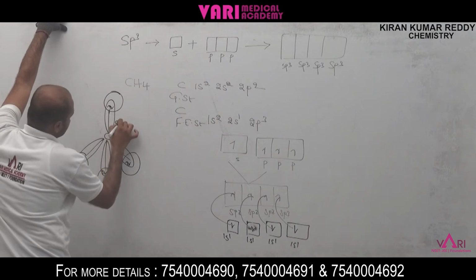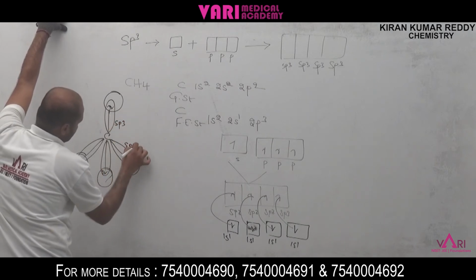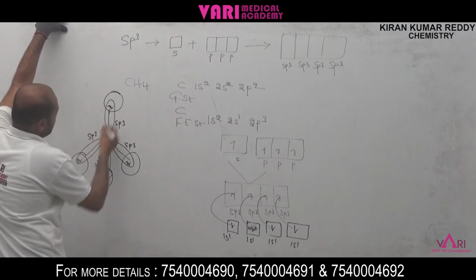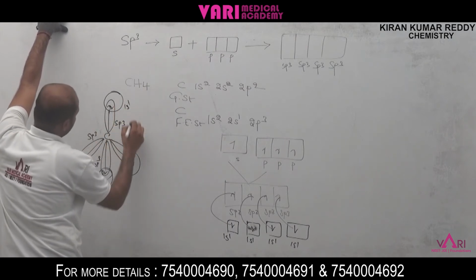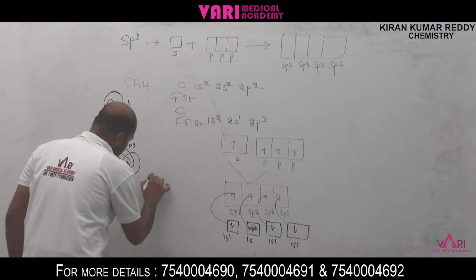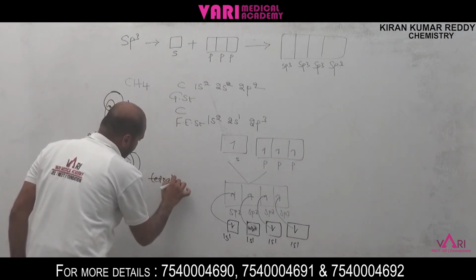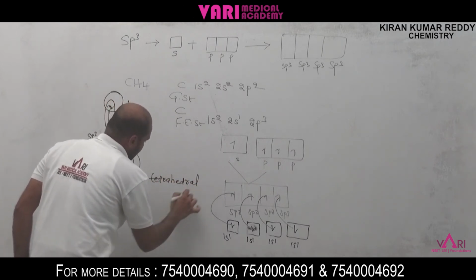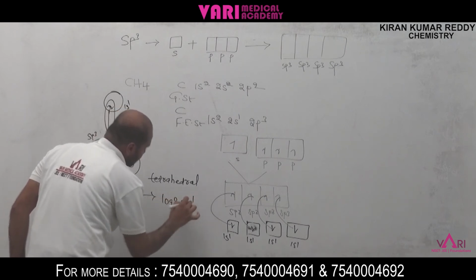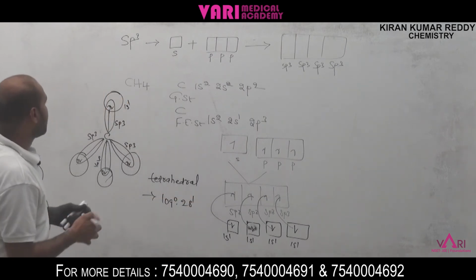This one is sp3, and this one also sp3, and this one also sp3, and the hydrogen is 1s1. This is the tetrahedral geometry, and the bond angle is 109 degrees 28 minutes.